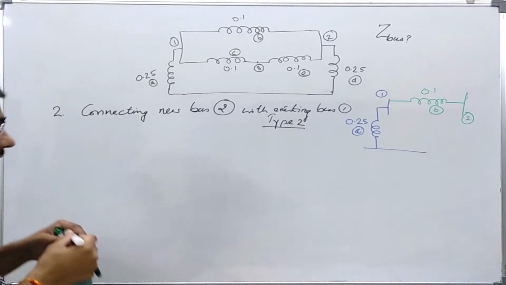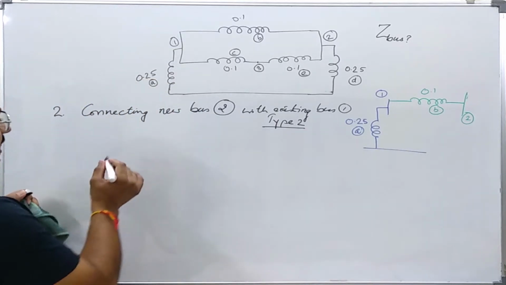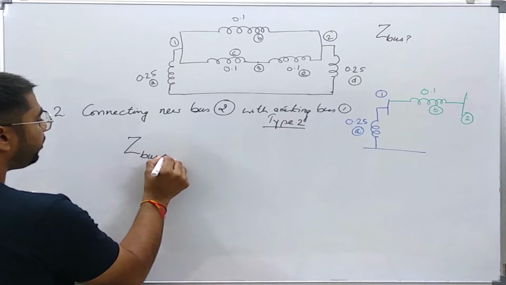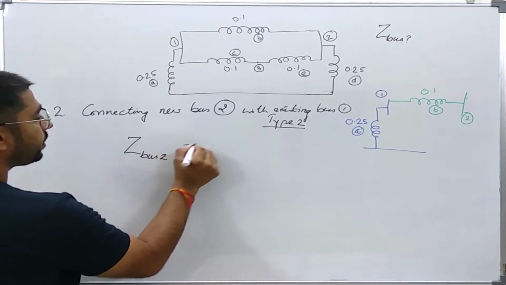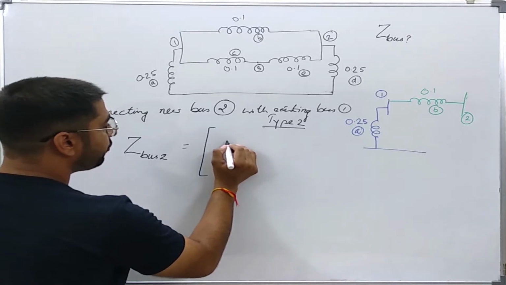Now we already know from our previous lecture that the bus impedance matrix for this step will be the earlier impedance matrix, 0.25.